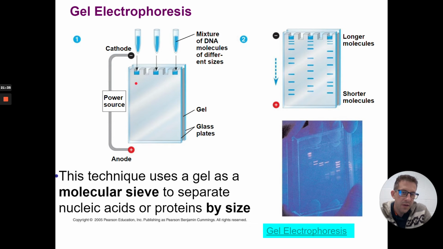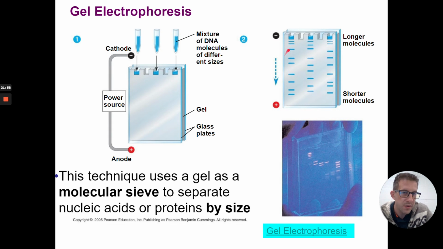So depending on the size, those little chunks of DNA are going to work through this gel at a different rate. So think about somebody who's very, very small. They're going to be able to wiggle into some of the smallest places that maybe a larger person wouldn't be able to get through. That's the exact same thing that's happening with DNA.